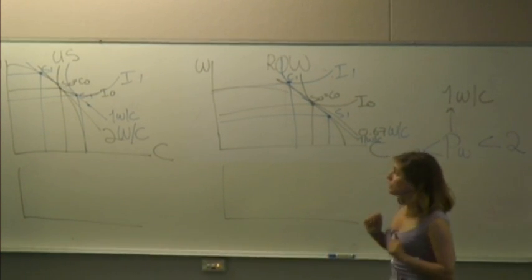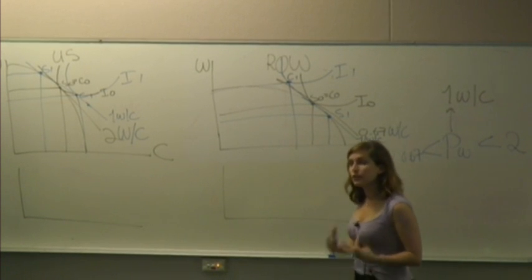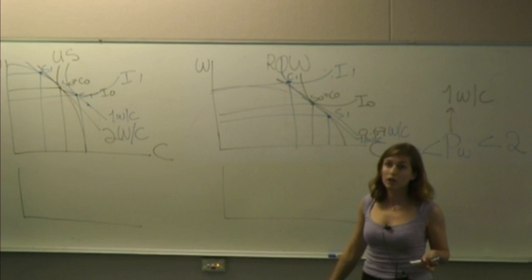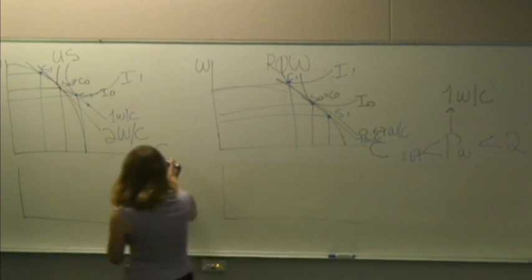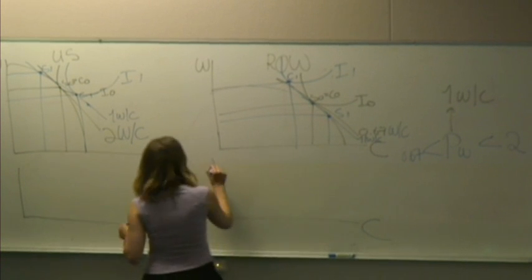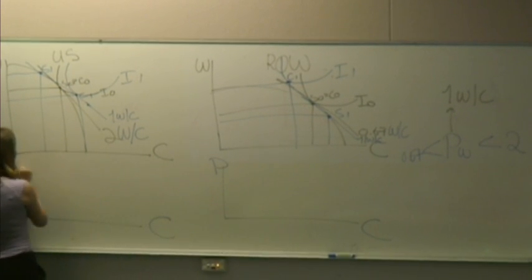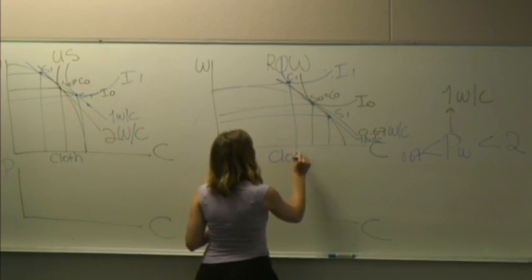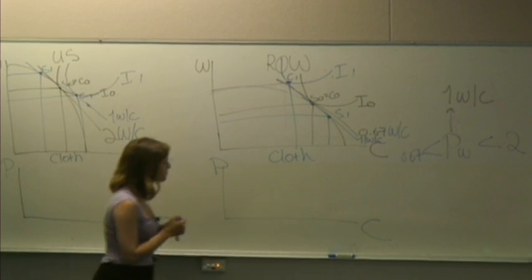This could be the end of the analysis, but we can extend it a little bit by considering the market for cloth in each economy. So we bring down this cloth here, and we make this the price, and this now becomes the market for cloth in the US, and the market for cloth in the rest of the world.